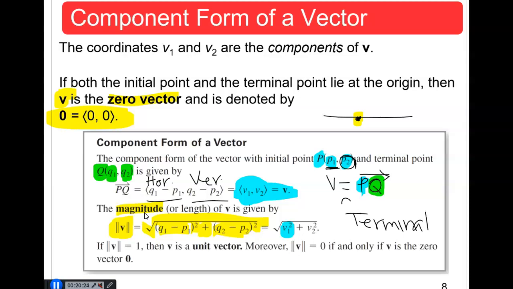If it's in component form, the terminal point is represented by v sub 1 and v sub 2, because we know the initial point is at (0, 0).